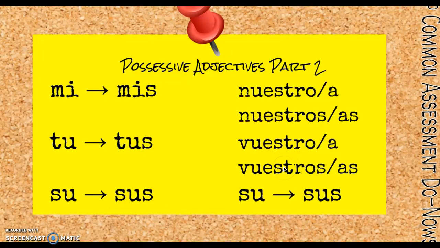Vuestro, vuestra, vuestros, vuestras is also for you plural, most commonly used in Spain. So if you want to say your pencil, vuestro lápiz, your pencils, vuestros lápices. Last but not least, we have su and sus, so that's saying theirs, or it also could be you plural, saying your, if you're talking using the ustedes form. So their pencil, su lápiz, their pencils, sus lápices.